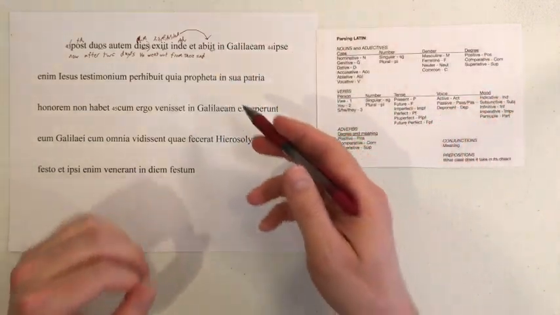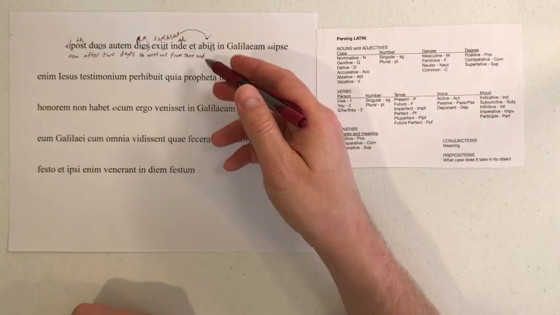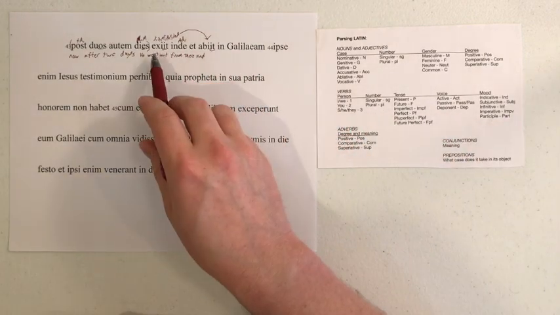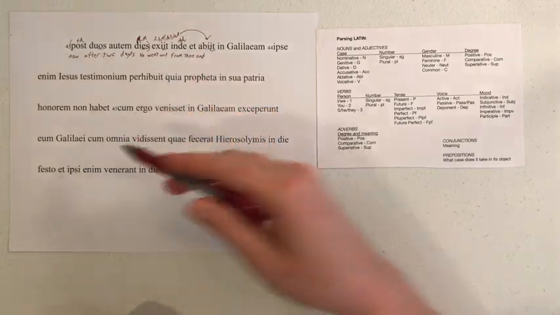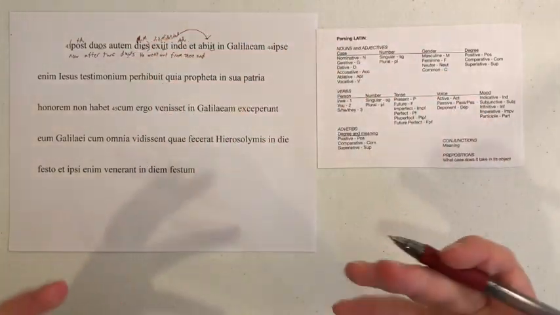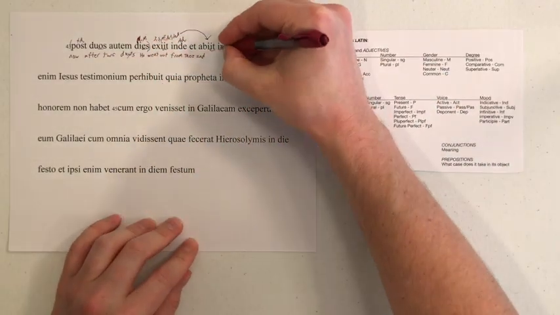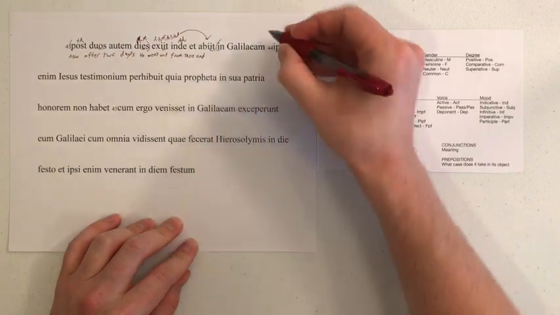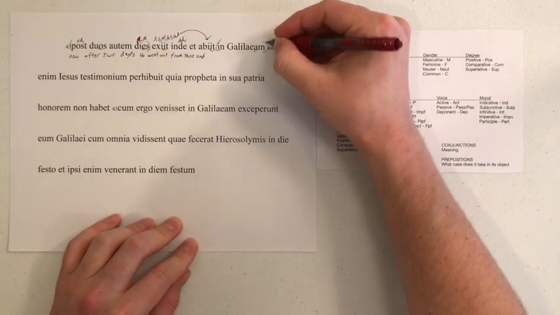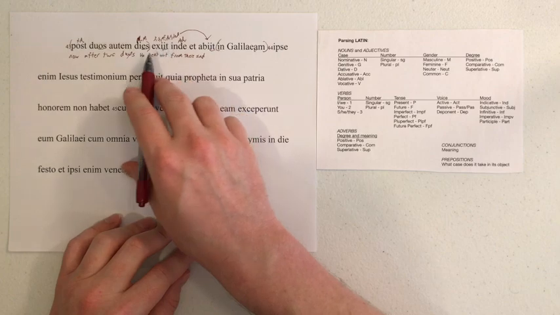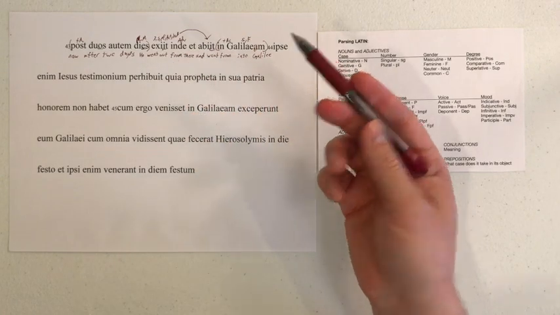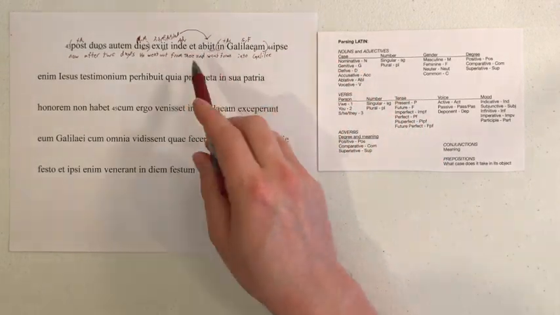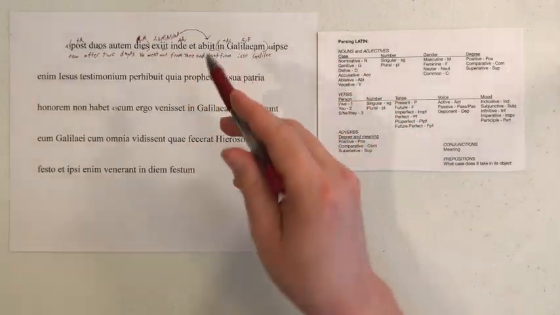Then this would be ab, from, showing separation. So exiting from the town specifically. And now this would be telling us he's leaving the region where the Samaritan village was. Entering into, a prepositional phrase right there, in plus the accusative. That fits quite well with all of these prefixes. So the object, if there even would be one, of the verb, not that there would be, is just assumed.